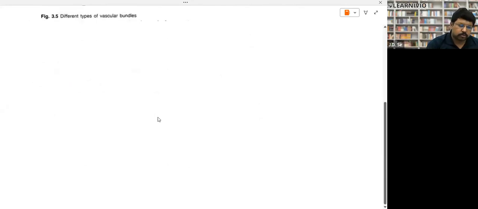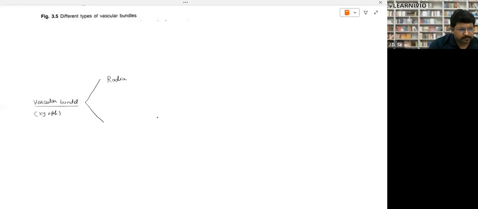Okay, so look. Vascular bundle, that is conducting tissue, meaning xylem plus phloem. They are of two types. First, radial, and second, conjoint.